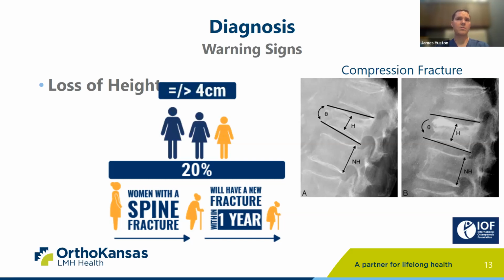And each of those contributes to a decrease in height. So if your height is changed by 4 centimeters or more, which is almost 2 inches, just a little bit shy, then that's certainly a concern to be evaluated for a potential compression fracture or other issues.